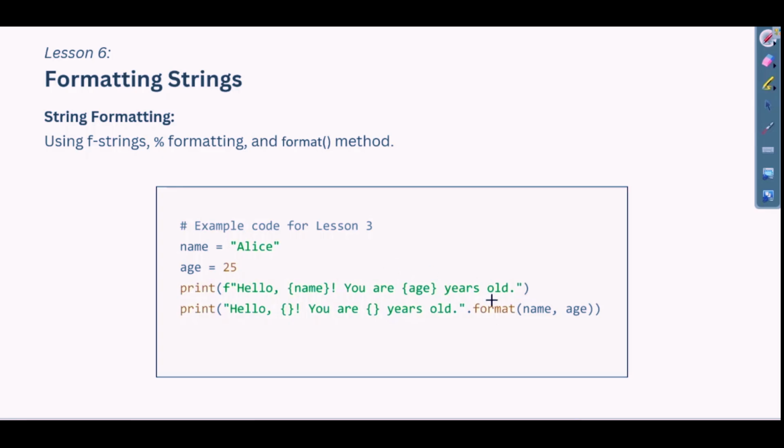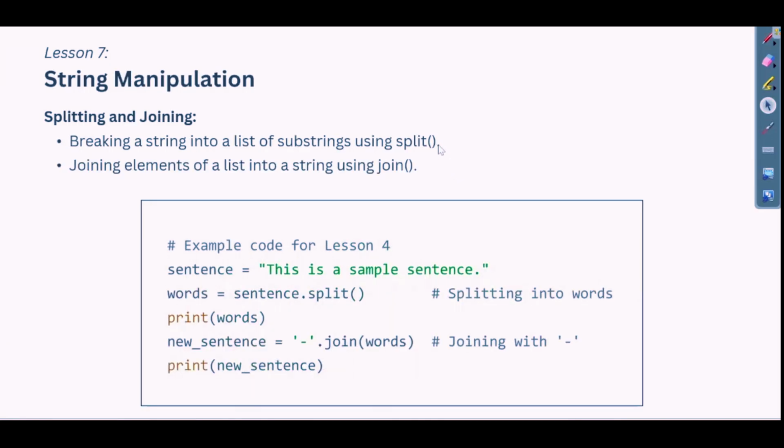Okay, let's move to the next lesson, which is string manipulation. Till now we have studied many things. Now let's talk about splitting and joining. If you want to split a string, you can simply use the dot split method.